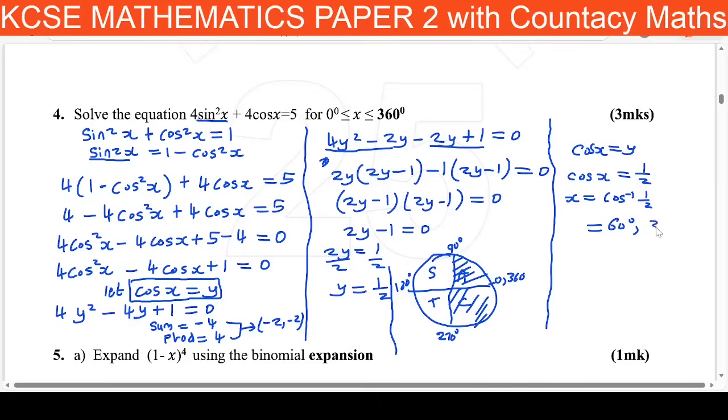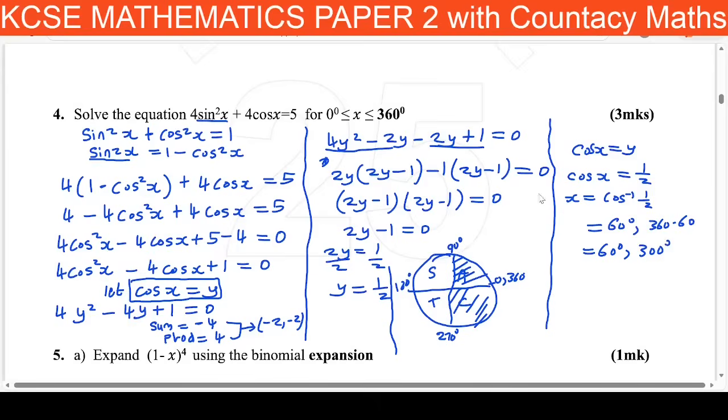So we do 360 minus 60. That is going to lie in this quadrant that is right here. So what you're going to get here is 60 degrees, and then 360 minus 60, that's gonna give you 300 degrees.